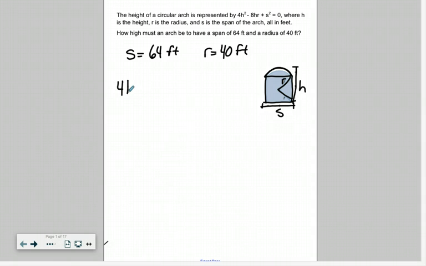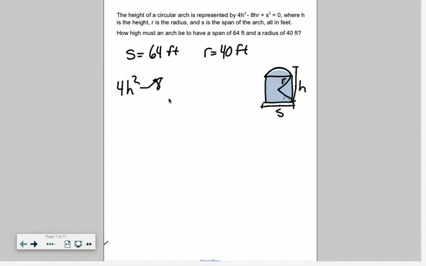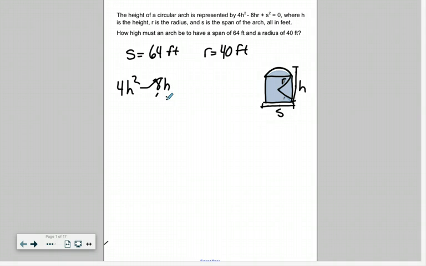Okay, so 4h squared minus 8 times h times r, which is 40, plus s, which is 64 squared, is equal to 0.